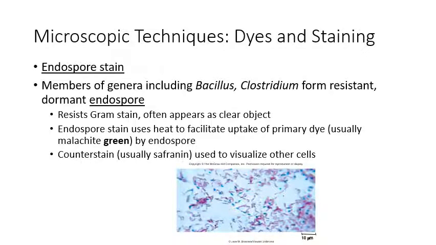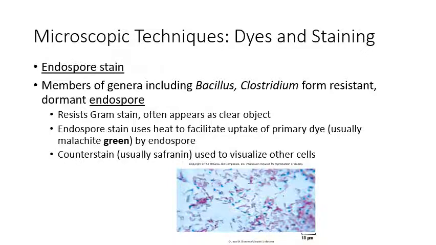All right, another type of stain here is an endospore stain. So endospores are structures that we find inside some bacteria that allow them to survive in harsh conditions. An endospore, think of it as almost like a little tiny egg on the inside of a bacterial cell. So if we kill the bacteria with, say, a disinfectant or something, that living part of the bacteria will die.